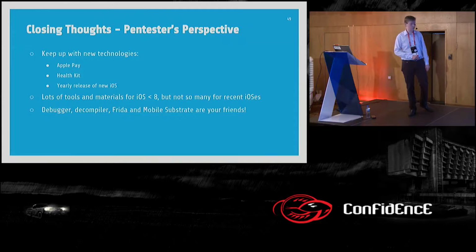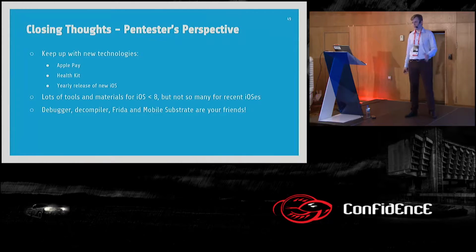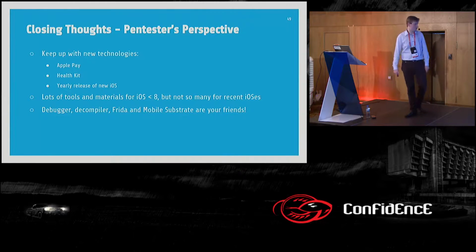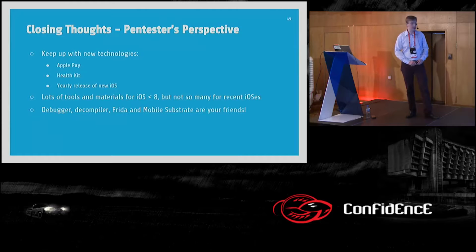Also, there is a yearly release of a new iOS, and it happens that half of the tools that you wrote are not working anymore. So you have to rewrite or maybe rescript your tools. Also, I've noticed that there are a lot of tools for iOS older than 8, but for recent iOS, many tools don't work.